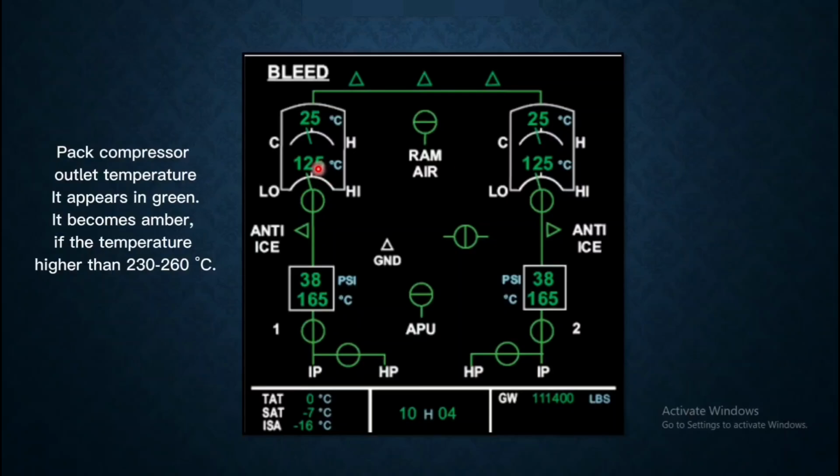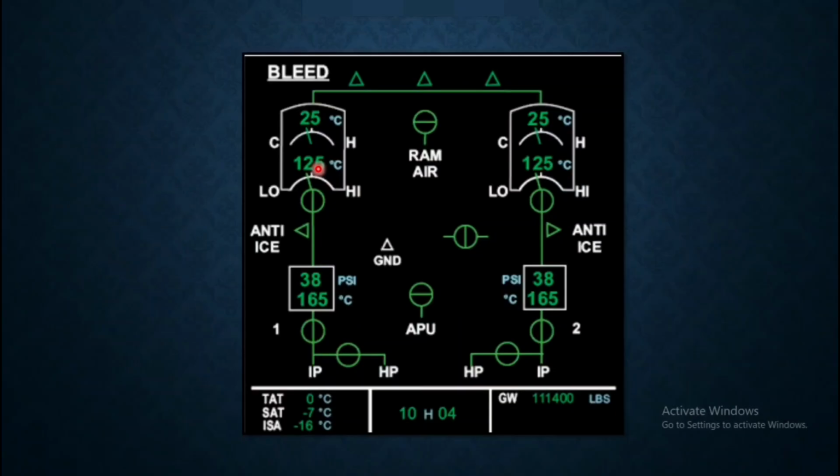You need not remember the numerical values, I am just telling the concept, but it is automatically controlled by the air conditioning control system. So whenever any fault or disagree position comes, or temperature rises above the requirement, it will generate the fault and caution warning.